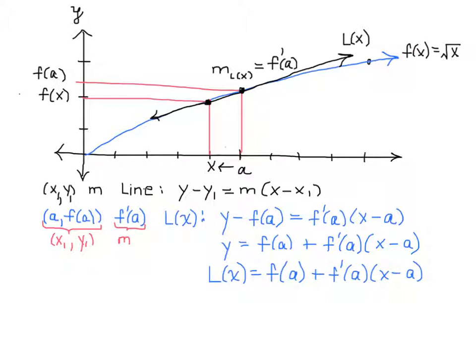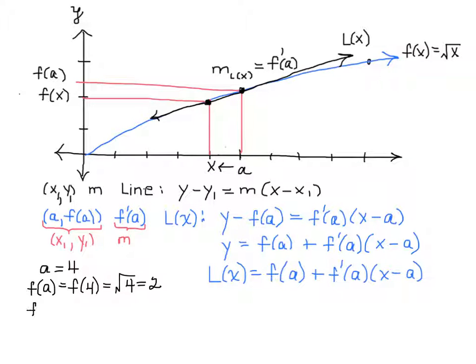So since this is a square root function, if we know that a is 4, then we also know that f of a is f of 4, which is the square root of 4. We know that, and that's 2.